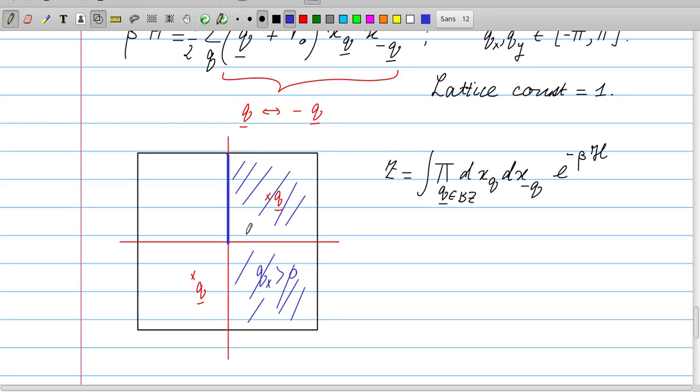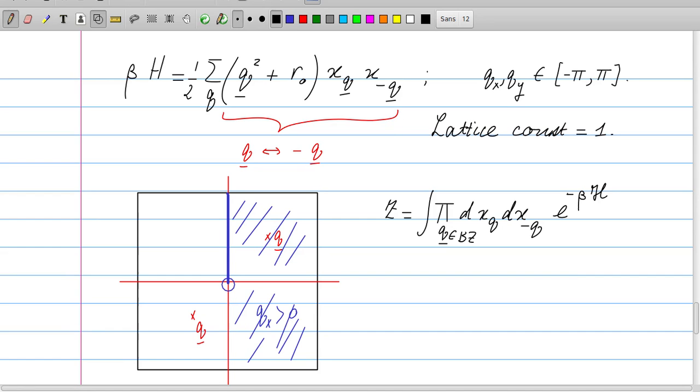And then there is a separate point, and that's the origin, because q is 0. For that point we do not have this symmetry, so I should count that only once. So in this product over all the q's, I should take the q's only in the blue part, and for q is 0 I should count that only once.